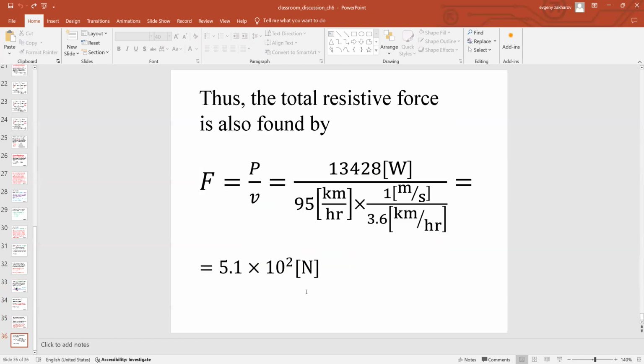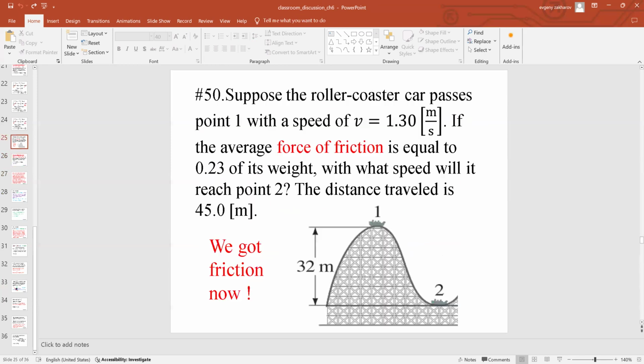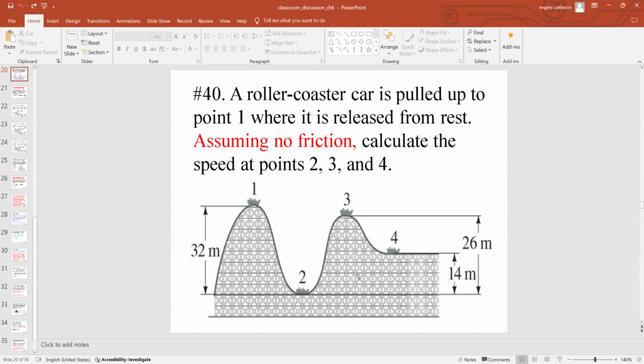That's it for this chapter. I really want you to focus on the same roller coaster problems. They look the same, but see, the approach is different because you have friction for this one and you don't have friction for the previous one, which makes it an easier calculation.